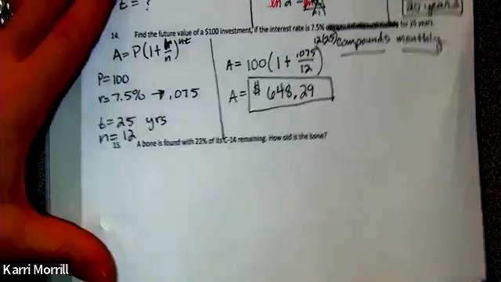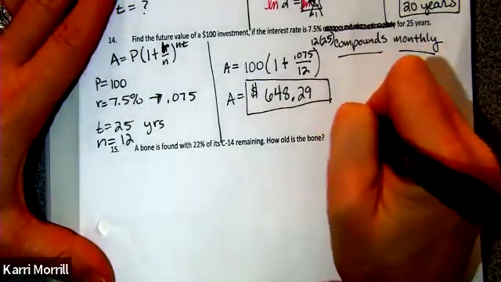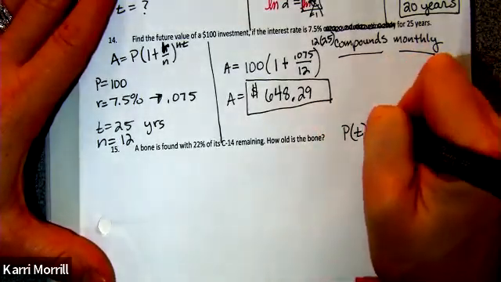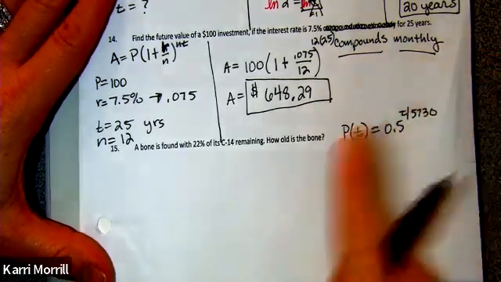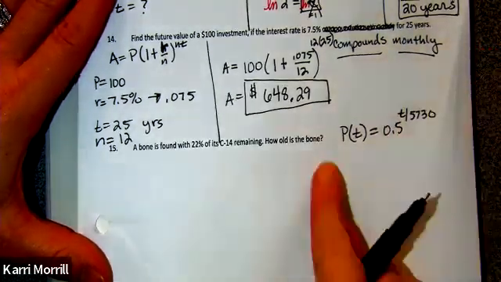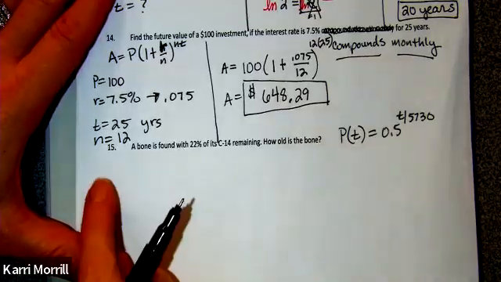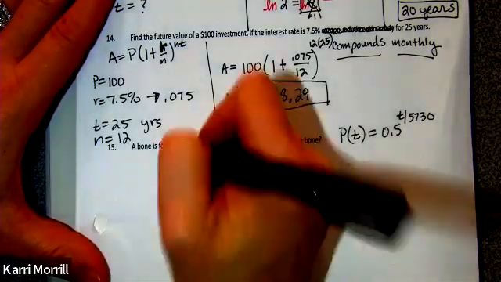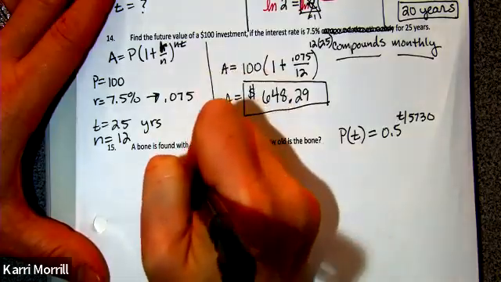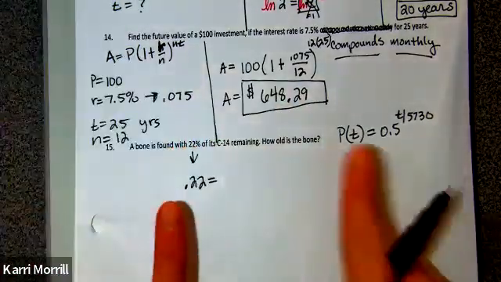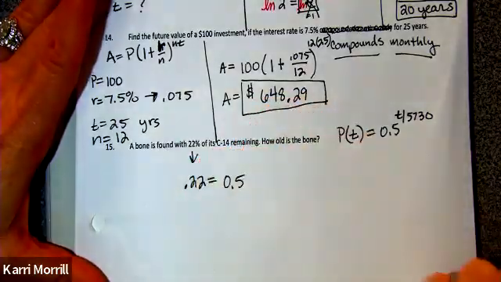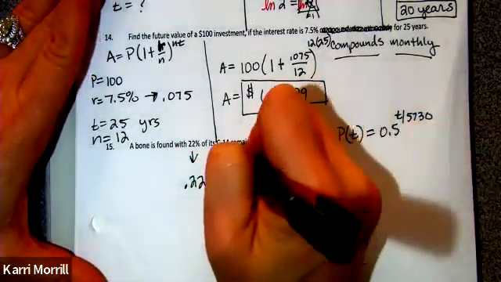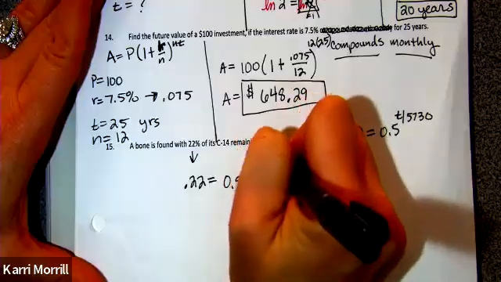And then the last one, this was your carbon dating problem. This formula we worked with a lot is in your notes. That's just the formula, but it says a bone is found to have 22%. So remember, that's going to be our 0.22. Your P of T value equals, and then we have everything here the same, 0.5 to the T over 5730.